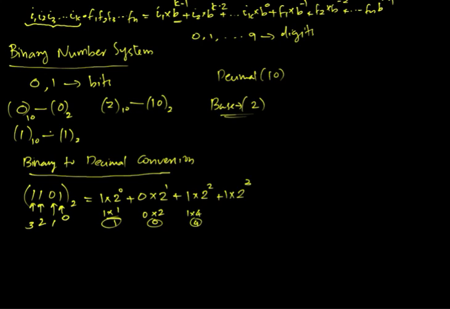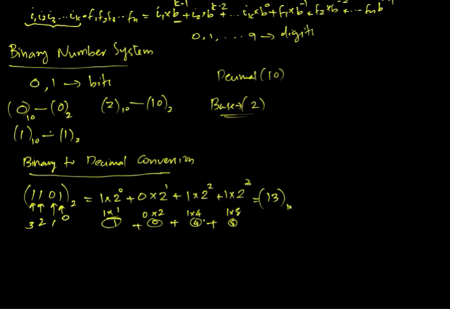And 2 raised to 3 is 8, so it is 1 into 8, which is 8. So what we have here is 1 plus 0 plus 4 plus 8, which is equal to 13. So this is the corresponding decimal number for the binary 1101.